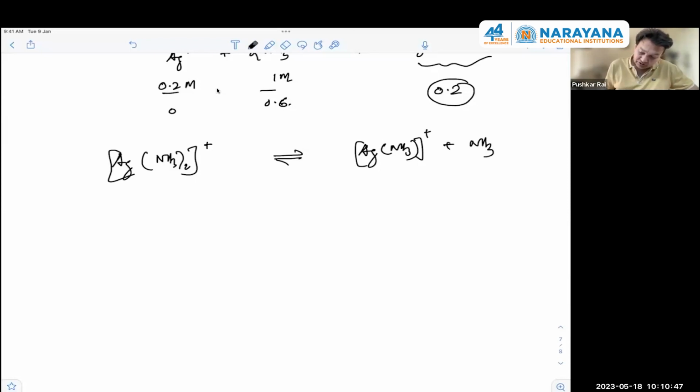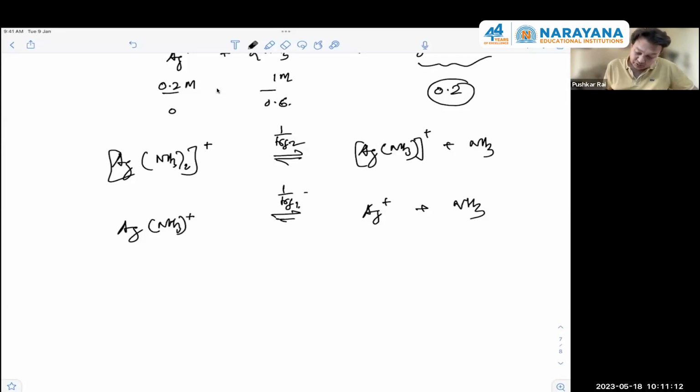First one will come out, and then Ag(NH3) plus will dissociate into Ag plus and NH3. This equilibrium constant is the opposite of this. That means the opposite of this is 1 upon Kf2, and this is 1 upon Kf1.